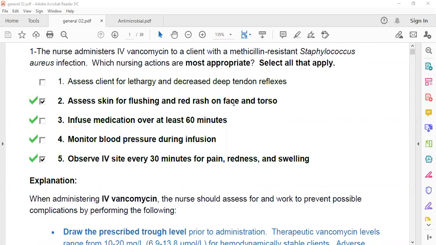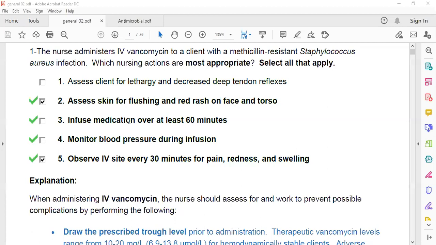So we have to check for any kind of skin rash, flushing of the facial skin, or redness in any part of the body. It reflects a hypersensitivity reaction.